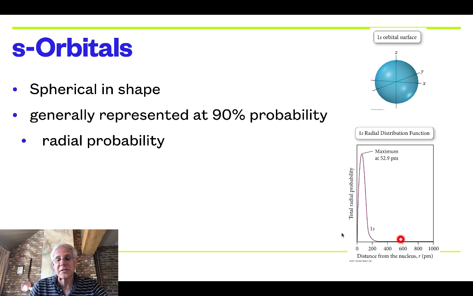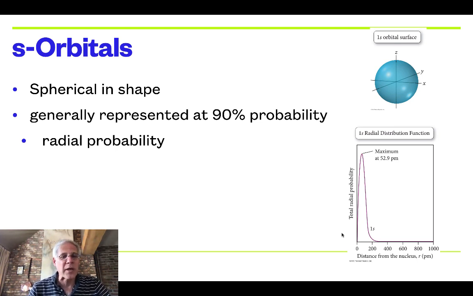And while it looks like this line is actually at 0, it's not truly at 0, because that is an exponential decay. That means that it never actually reaches 0. So there is a small probability that one of the atoms in your body actually has an electron hanging out somewhere around Jupiter or Pluto. Unlikely, but it is possible.